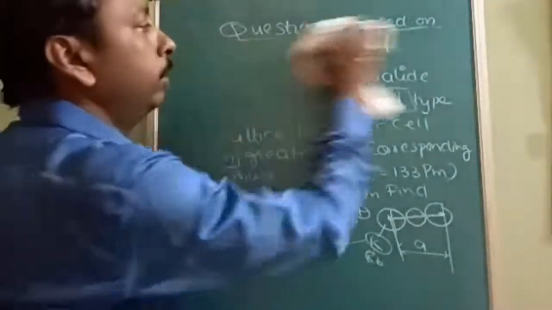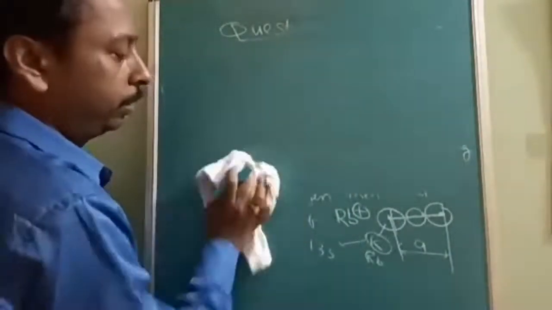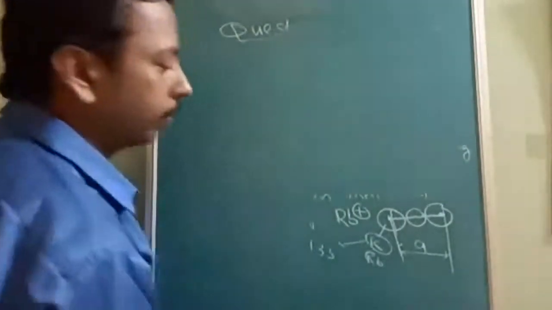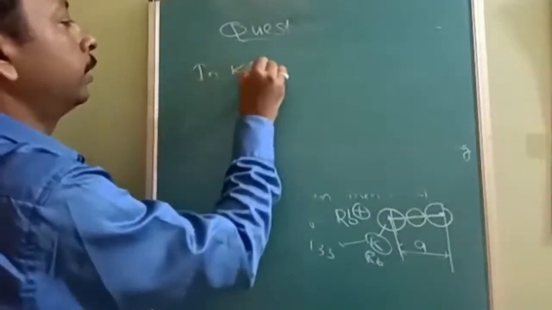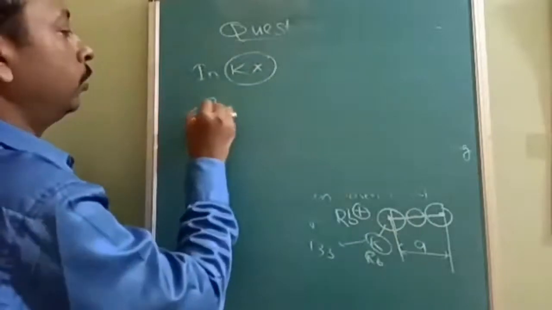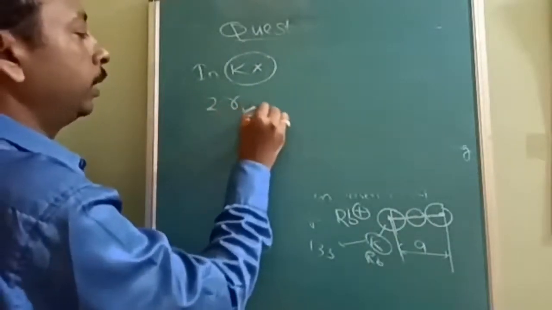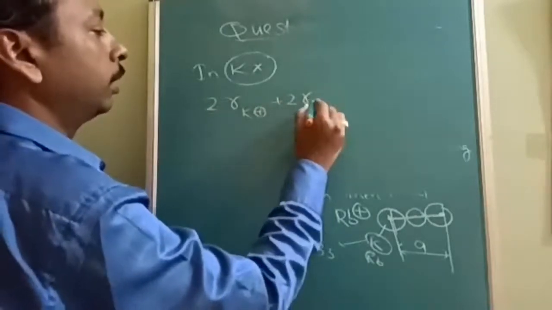Now I am going to solve it, try to understand very carefully. Okay, so let us take the case of KX. In KX, edge length is equal to what? 2 into r K plus plus 2 into r X minus.